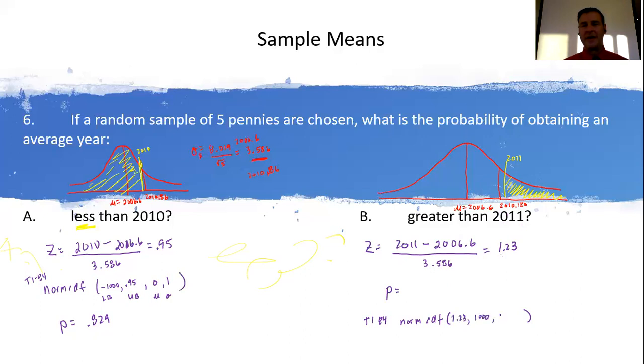And now we have a mean of 0 and standard deviation of 1 with respect to our normal distribution table. Lower bound, upper bound, mean, standard deviation. Again, you can look this up on your table, get your 4-digit probability, and then subtract that from 1 because this is a greater than. If you do that, you get 0.101093, which is the same as what the calculator would provide as well.